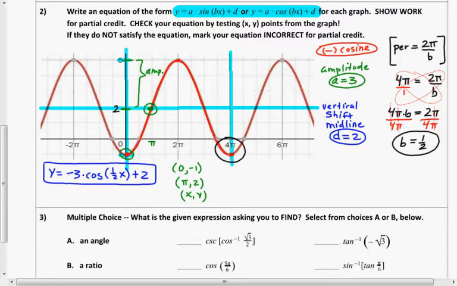So in radian mode, -3 cosine of 0.5 times 0, close the parenthesis and add 2. That one works. Pi, 2 also works. So check 2 points on the curve to verify they match the equation.